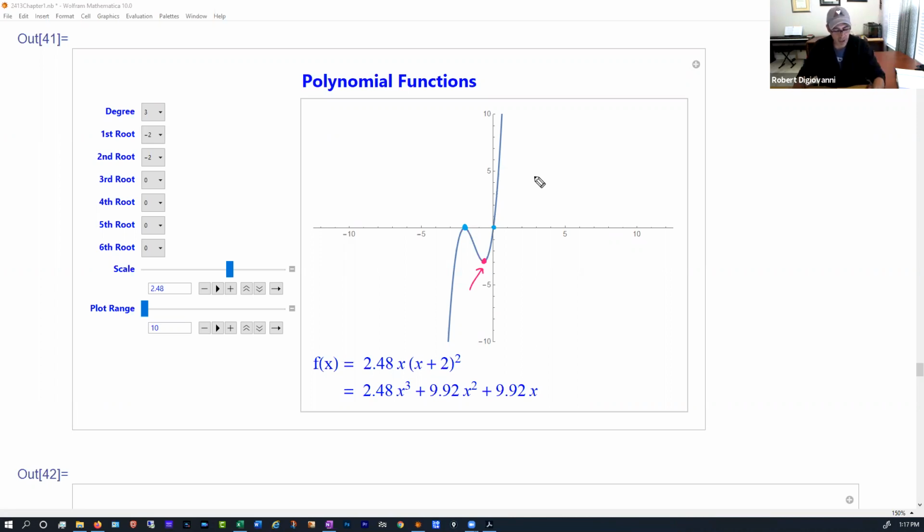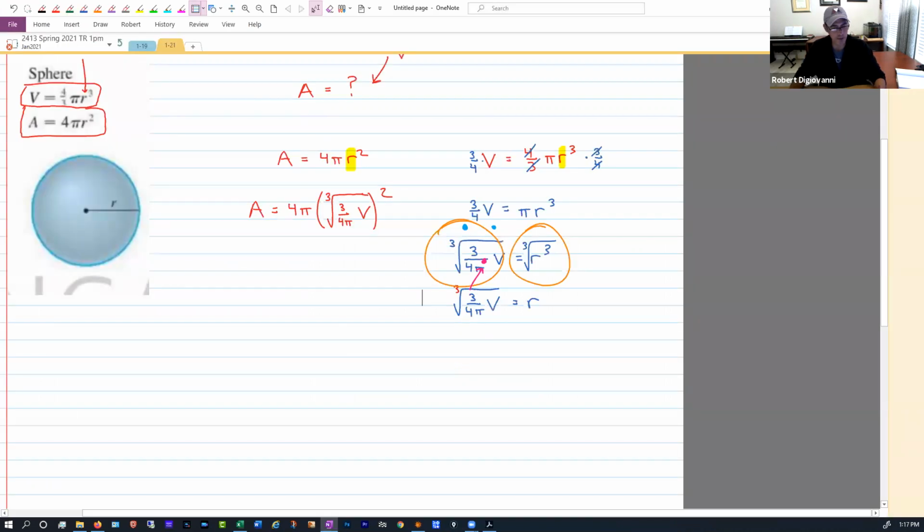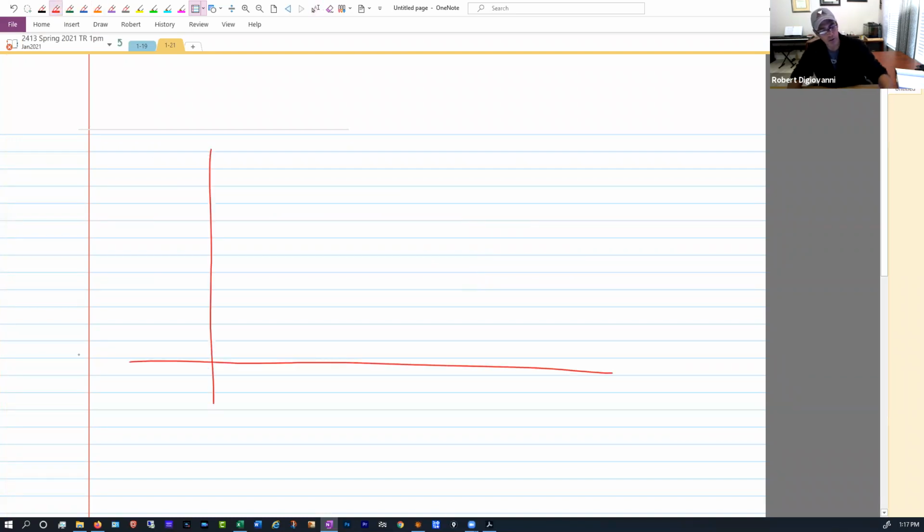And the reason why it's important to us is because if you take an arbitrary function, let's say that this is time, and let's say this is profit. I'm just going to take an economics example. So you own a company, right?